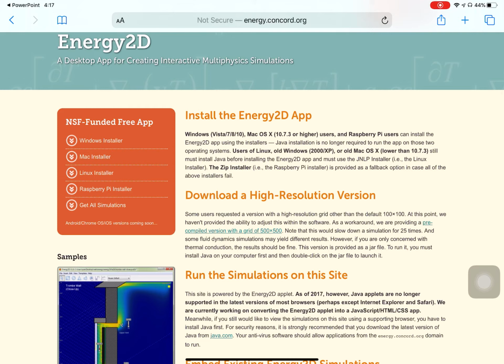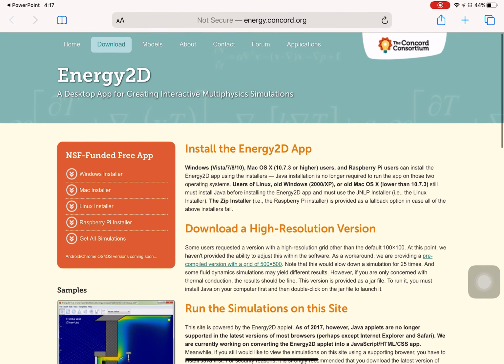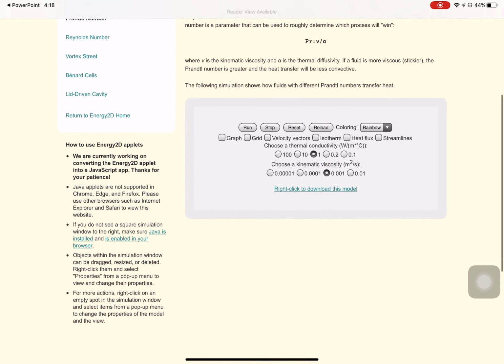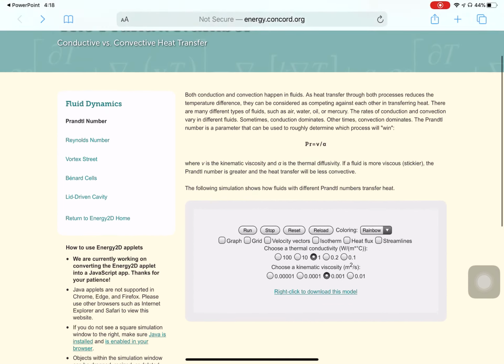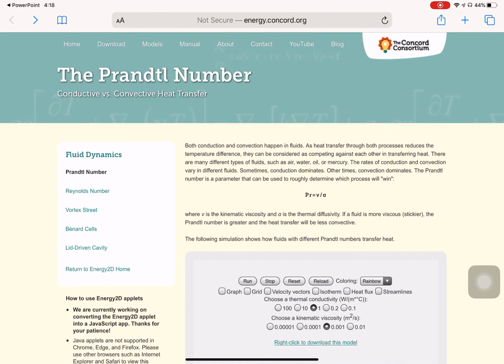Whether you're on Mac or Windows, you can download the Windows installer and Mac installer near the orange box here. You can install that and then download the script. Right click to download this model, and then you can run the simulation with different conductivity and viscosity numbers. If you're interested, please go take a look.